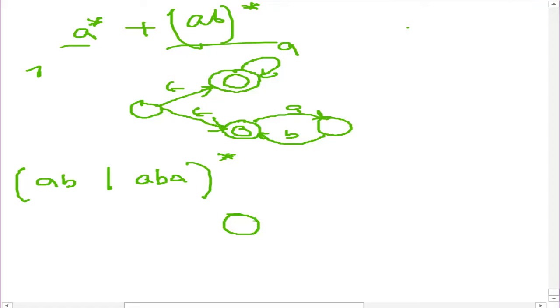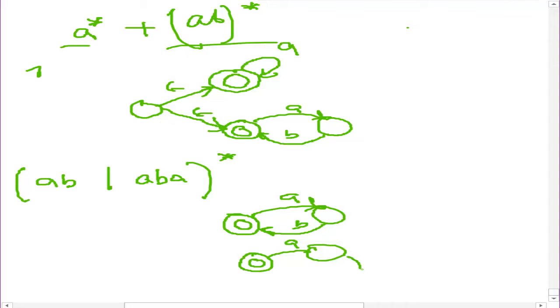So what about AB? This is going to be firstly the final accepting state. Then I have an A and I have a B. That's it. On the bottom I have ABA, and that to star. So I will have an accepting state, an A to this state, then from this state on a B I move to the B state, and from this I move on A to this state.